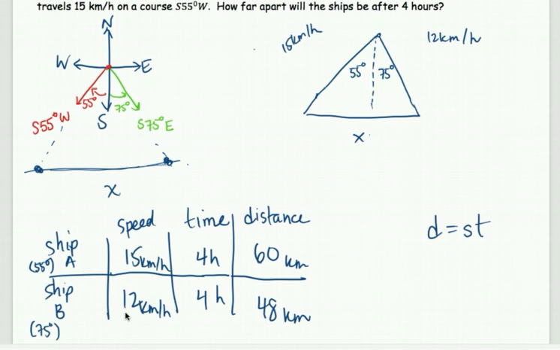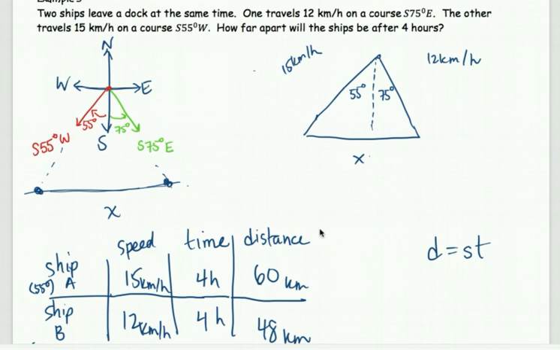If you travel 12 kilometers an hour for 4 hours, you get 48 kilometers. Even if you don't want to use the formula, you can sort it out that way. So ship A traveled 60 kilometers and ship B traveled 48 kilometers.